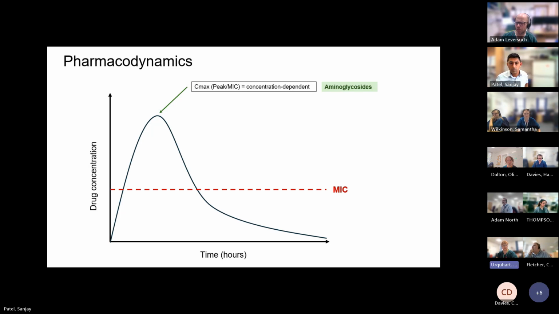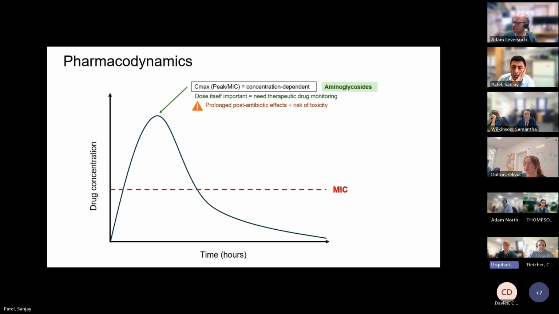But the other thing that we need to consider with these is that many of these drugs have a prolonged antibiotic effect. So, for example, gentamicin, aminoglycosides, and quinolones have quite a prolonged antibiotic effect. And these tend to be the drugs that target bacterial machinery, so drugs that attack things that produce proteins and nucleic acids.